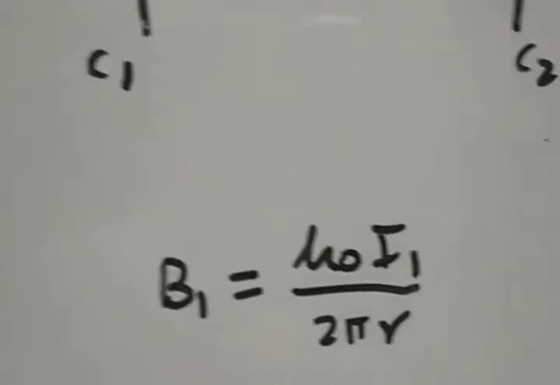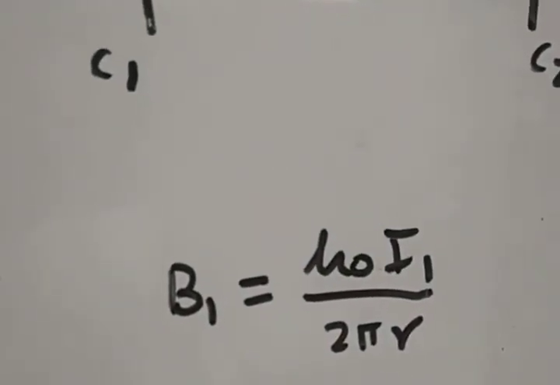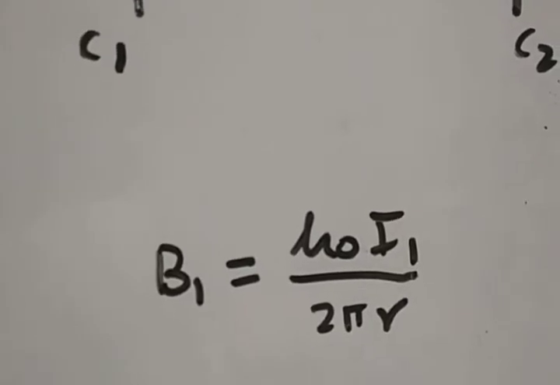So B1 is the magnetic field in which wire C2 D2 is placed.